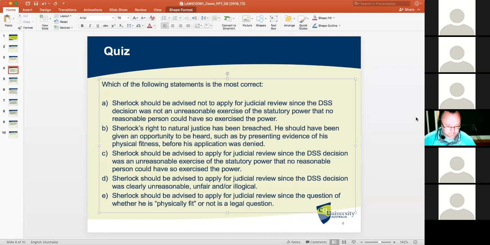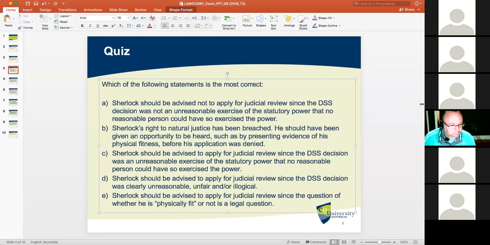Because the only time you can say that there is Wednesbury unreasonableness is when the decision is such that there is no reasonable person who could have arrived at that decision. In other words, if you look at maybe 6, 7, 8, 10 possible executive decision makers, reasonable persons, and they have scope to arrive at a disagreement as to what the decision should be.